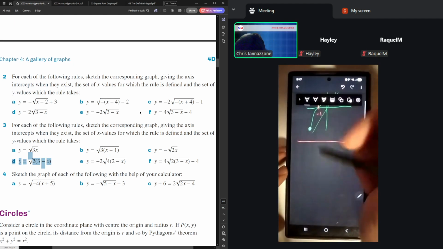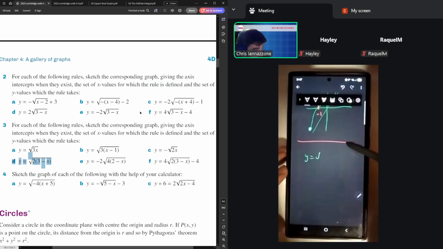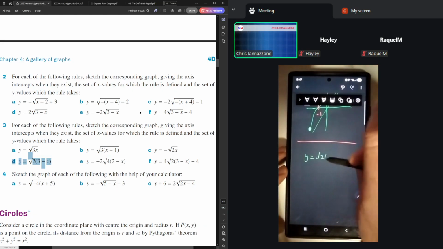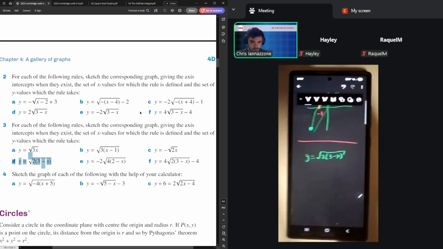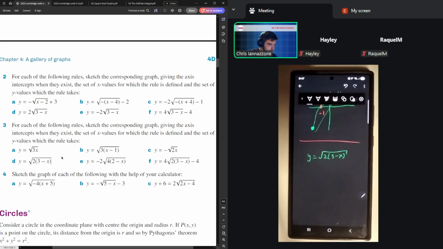So that's going to be y equals square root 2 bracket 3 take x. And that's that. Cool. Yeah, we're just going to sketch it end to end.